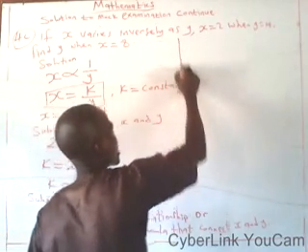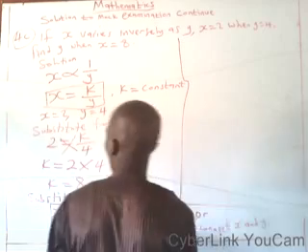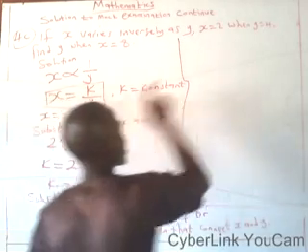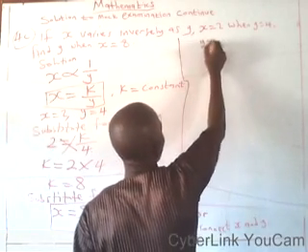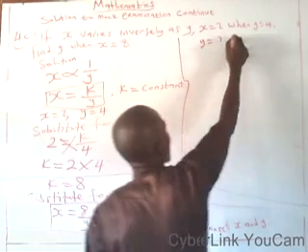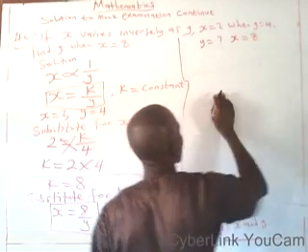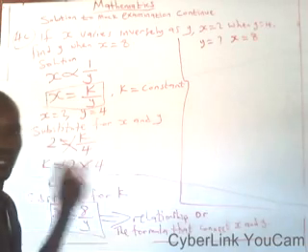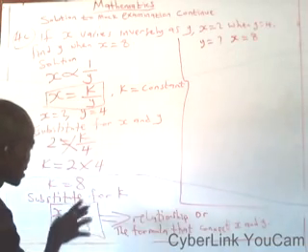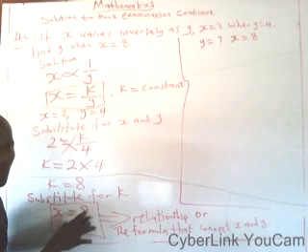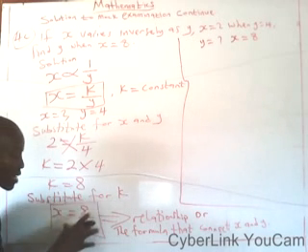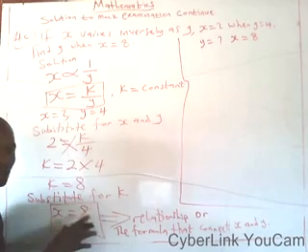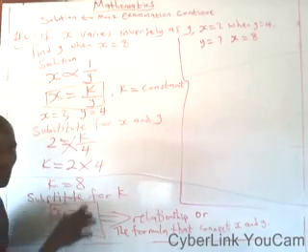Now, how do we determine y? We already know that y is now unknown. X is now 8. What are we going to use to determine y? This relationship is what we are going to use. This formula is what we are going to use.